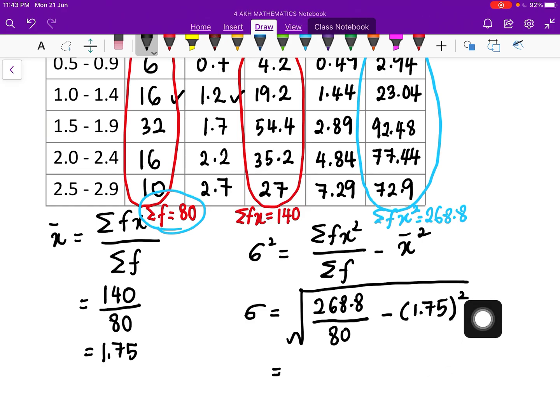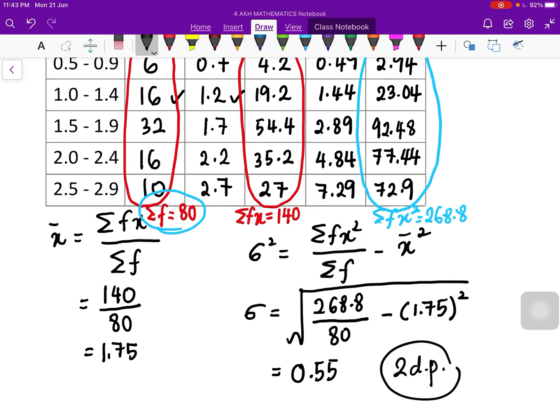And then minus 1.75 square, kamu tulis, put it as 6 decimal place. Okay, so but this is not your final answer. Kalau nak buat sekali harung, boleh. Masukkan nilai ni semua sekali dalam satu calculator. And then you equalkan everything together. So you should get 0.55 after rounding off to 2 decimal place.